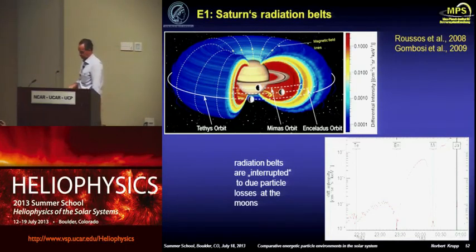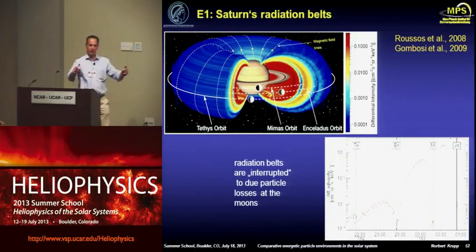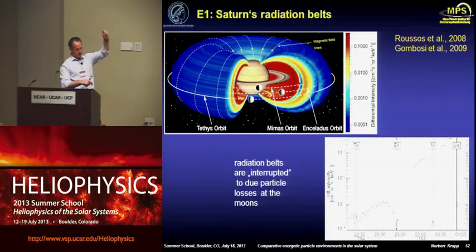And they can be measured, and you can study a lot of very nice and interesting plasma processes by doing so. So the idea is that those particles are bouncing back and forth along the field lines, and the moons of course orbit the planet, and whenever such a particle hits the moon, it's lost, leaving a gap behind.